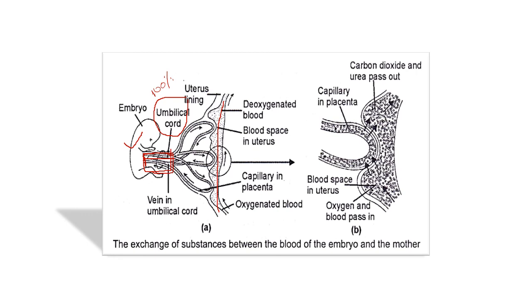So from maternal blood, the nutrients and oxygen enter into the placenta. From the placenta, they are transported to the fetus through the umbilical cord.